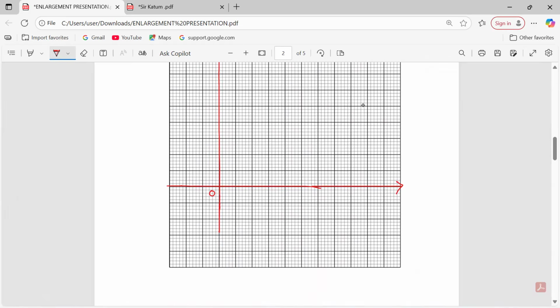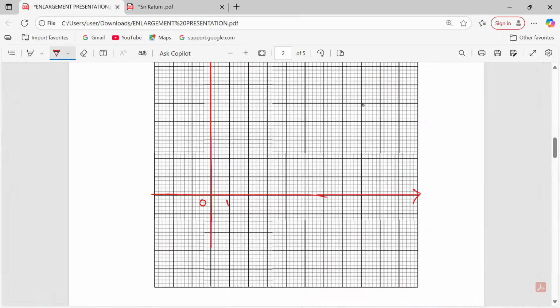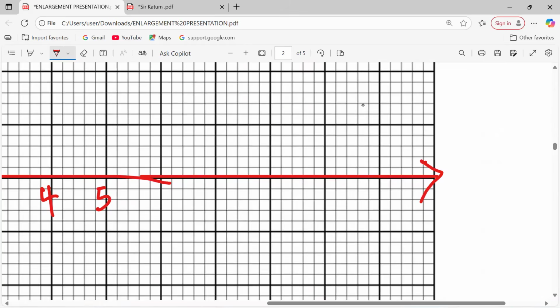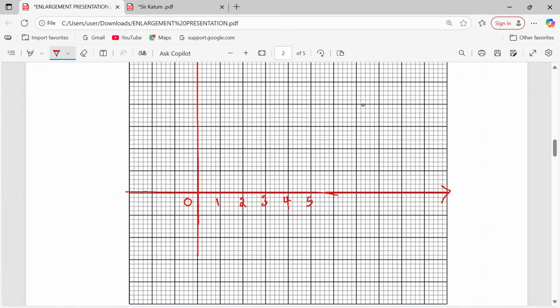Then we have 1, 2, 3, 4, 5, 6, 7, 8, 9, 10.